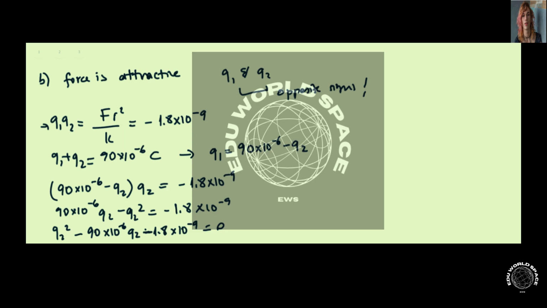So now, again, A is the same, A is 1. B is the same, negative 90 times 10 to the power of negative 6. But C is now negative, and that's going to change our answers.